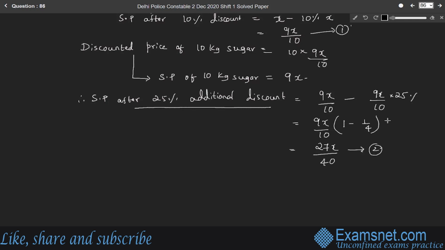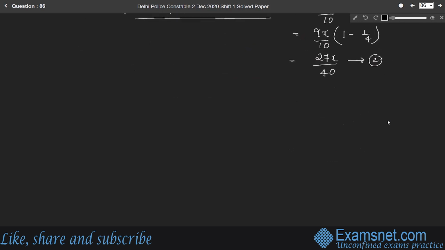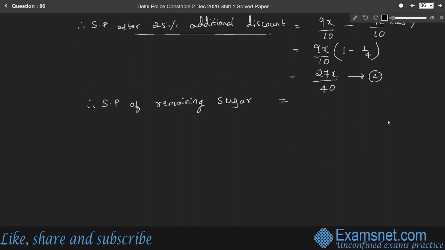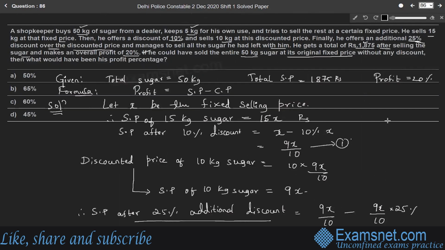Therefore, selling price of remaining sugar. So what is selling price of remaining sugar? So here first shopkeeper buys 50 kg sugar, then he keeps 5 kg for his own use and sells 15 kg. Then again he sells 10 kg on discounted price, right?